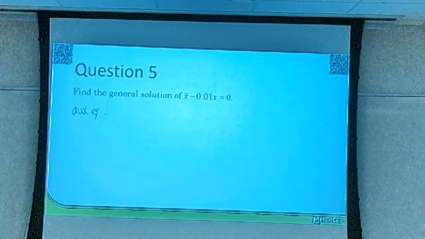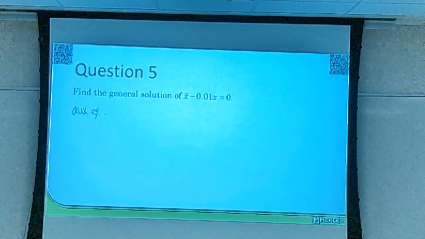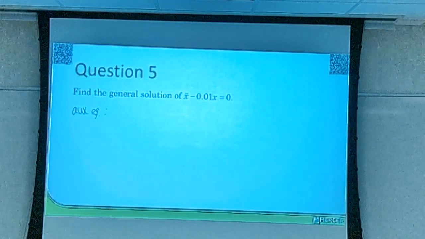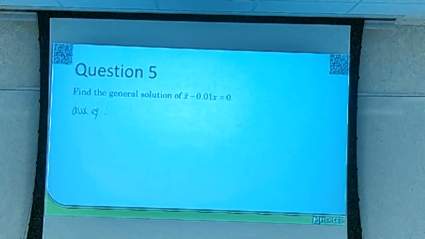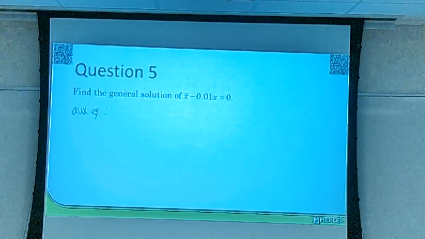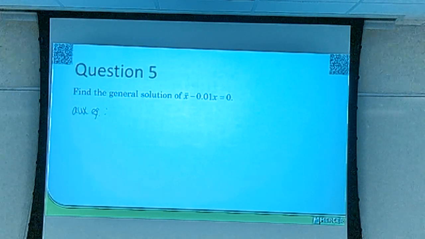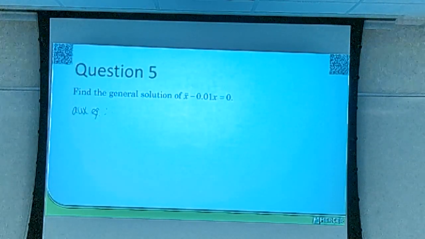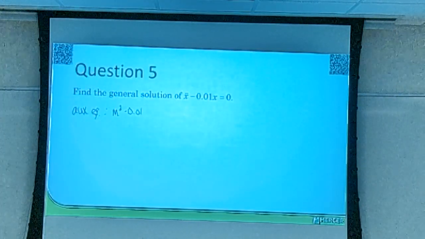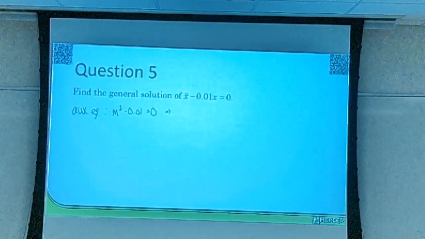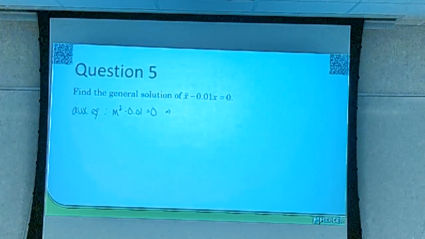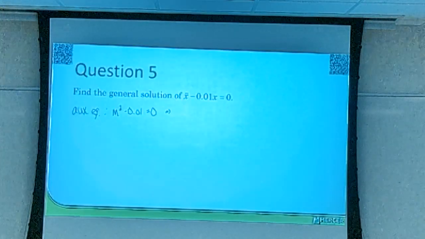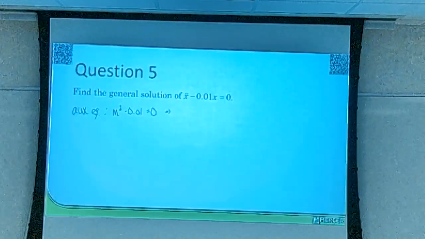It's the auxiliary. What are your two solutions? Which is what?